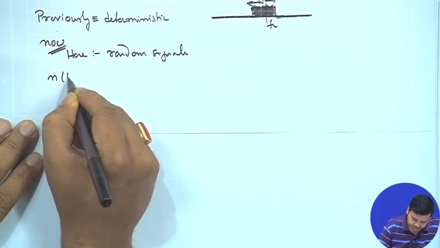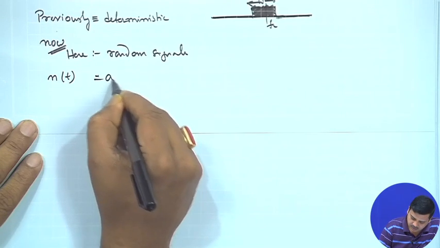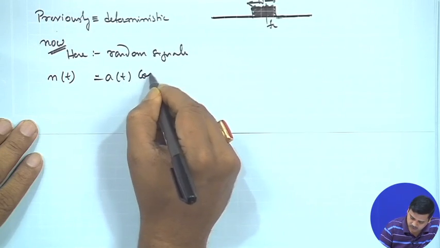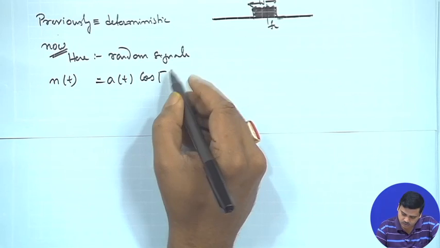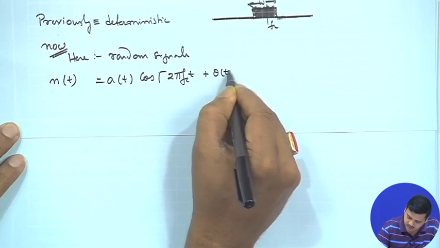So, we already have encountered some of the characterization of signals which we have started off with. In such a case, we can write that n(t) could be represented as A(t) cos(2 pi f_c t plus theta(t)).